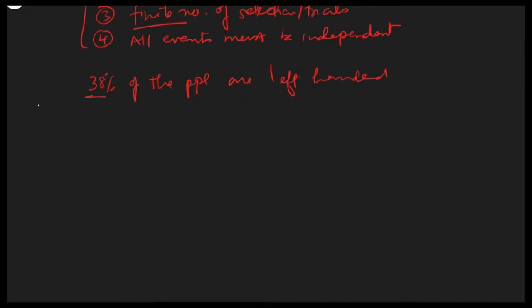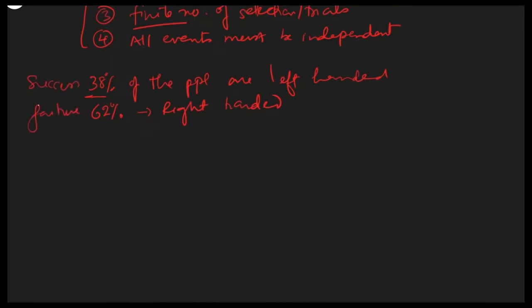Now that means the remaining 62% of the people will be right-handed. These are the only 2 possibilities, because we have just 2 options, left-handed and right-handed. We don't have a third hand. So the first criterion is met. Let's call this success, and let's call this failure.